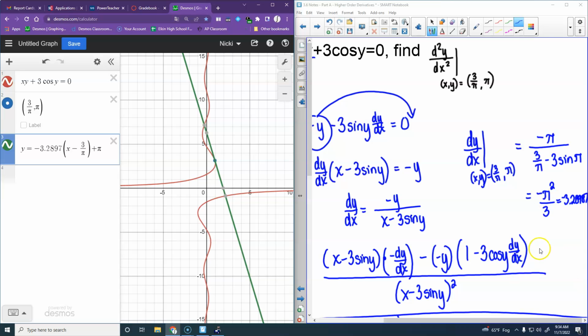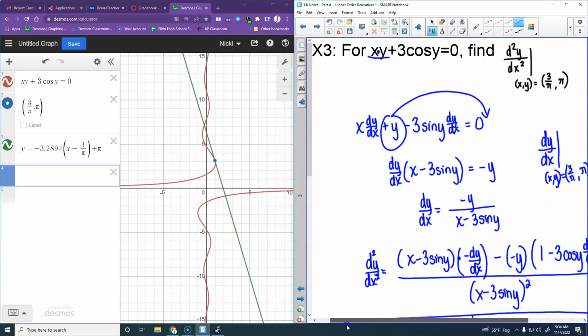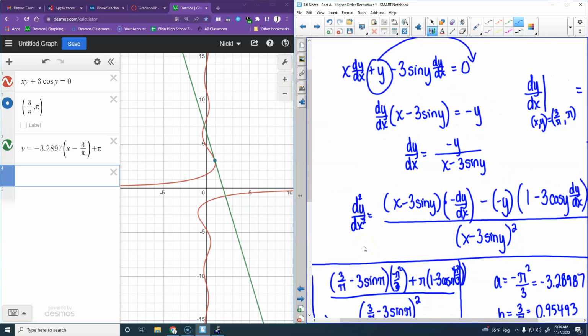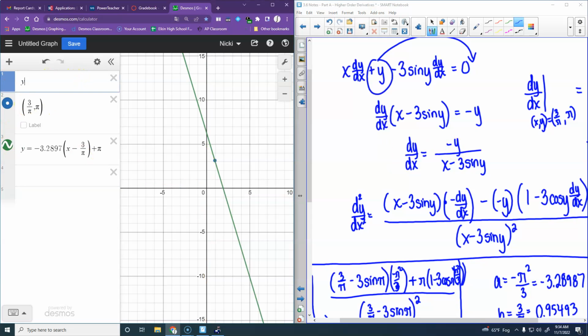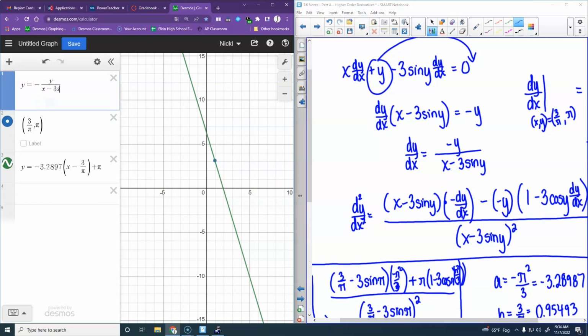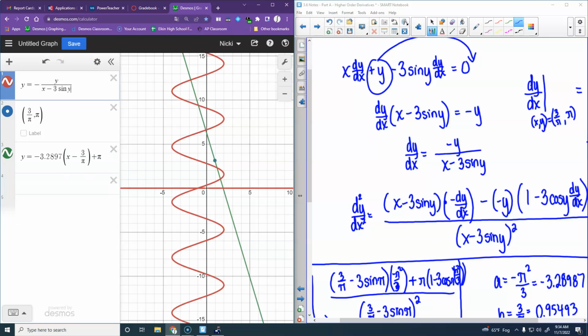Maybe. So if we type in the equation for the first derivative, negative y over x minus 3, would we call it y? I think we have to for this. See, our point's not even on the derivative, though.